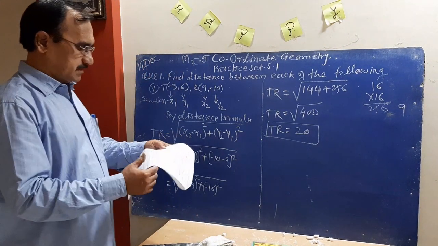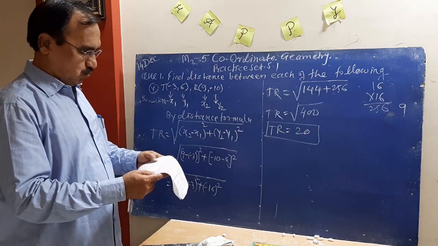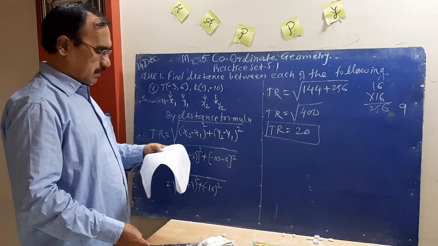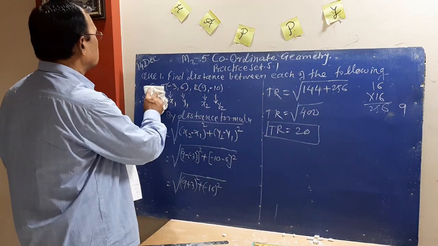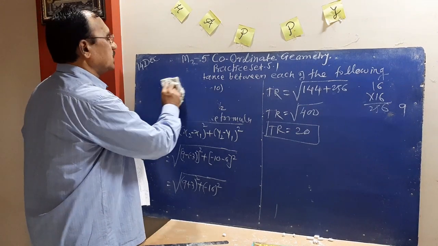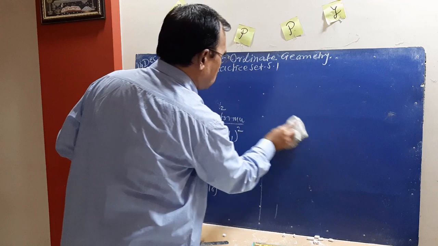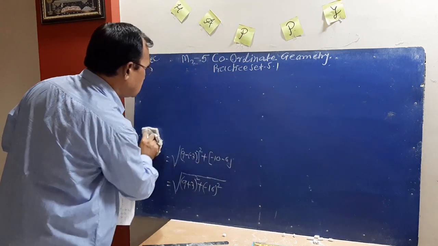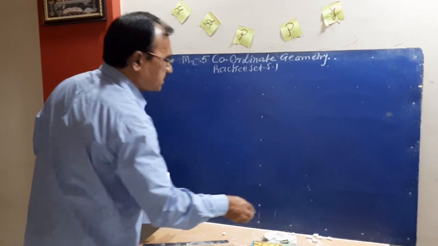Again, see, this is a very easy example. Then we are going to see how to solve question number 2. Determine whether the points are collinear. Question number 1 depends only on finding the distance, but the second and third questions also depend on the distance formula.